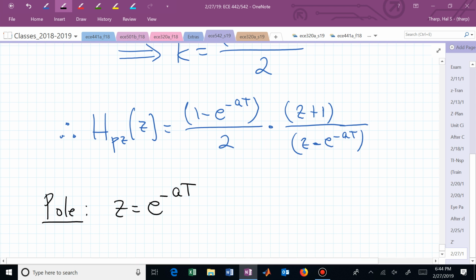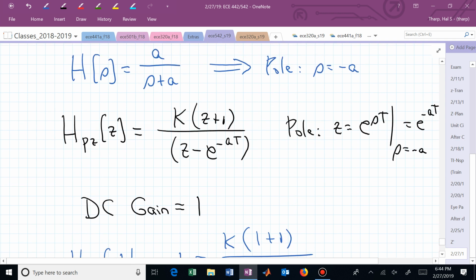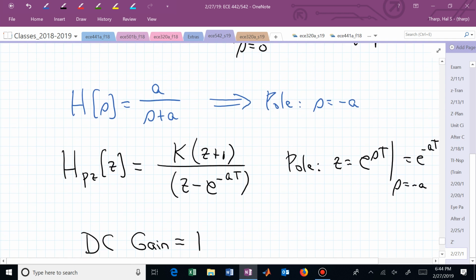Do we have a finite zero? Do we have a finite value of z that causes the numerator to vanish? Yes. That's a really fast zero. It's at minus 1. So that's at high frequency, which matches the high frequency zero we have in our S domain. It's at infinity.